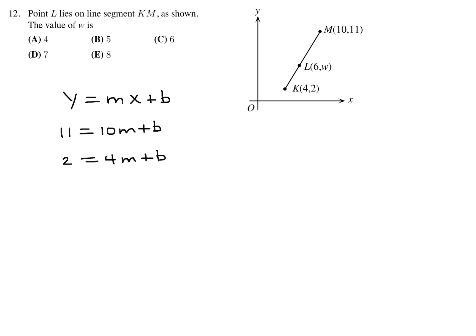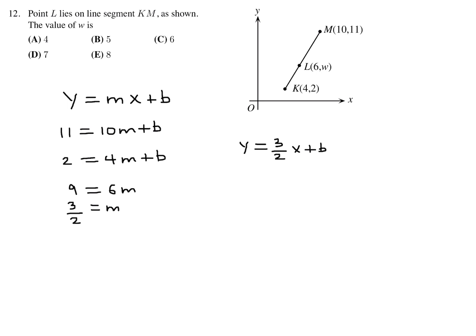Subtract both, and that will leave just 6m is equal to 9. And therefore m is equal to 9 over 6, which is 3 over 2. Correct? Nothing fancy. Now let's try to figure out b. So I've got y is equal to 3 over 2 x plus b. I can just substitute one of these points, and I'll just put in that one.